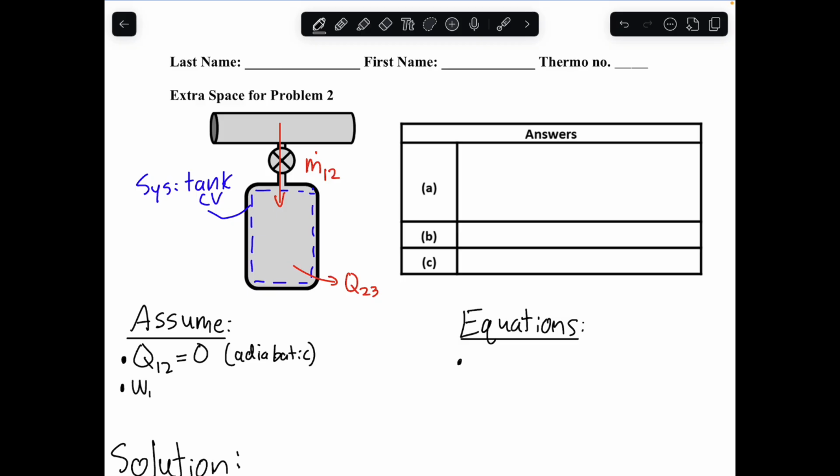So I'll just say that the work from 1 to 2 is equal to the work from 2 to 3, which is just going to be equal to 0. I'll just write rigid here, but you can write whatever you want to indicate that there's no work happening in this problem. Another assumption that we like to make when we have inlets and outlets is that we have 1D, one-dimensional uniform flow at the inlet.